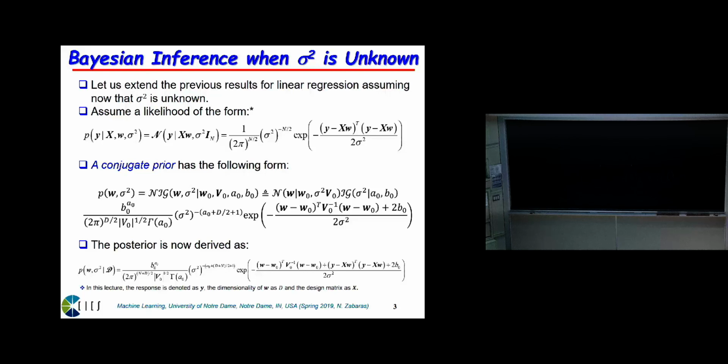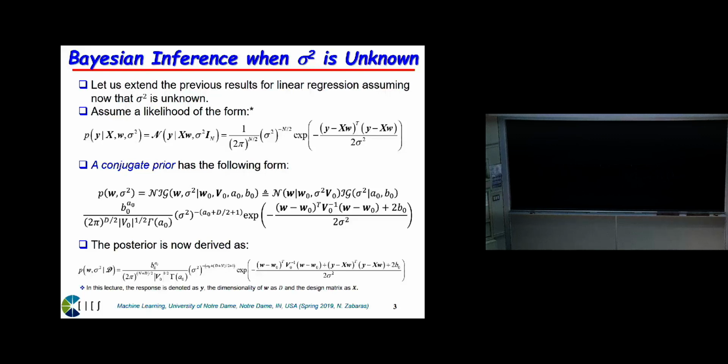So this is the joint distribution of W and sigma squared. It's a Gaussian for W, and notice here it is given sigma squared, right? So this is a conditional Gaussian. This matrix here, V0, is given, and then for sigma squared, you always put an inverse gamma distribution with parameters alpha 0 and beta 0. Okay?